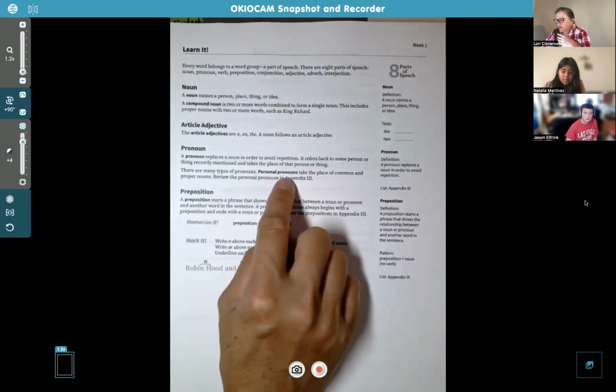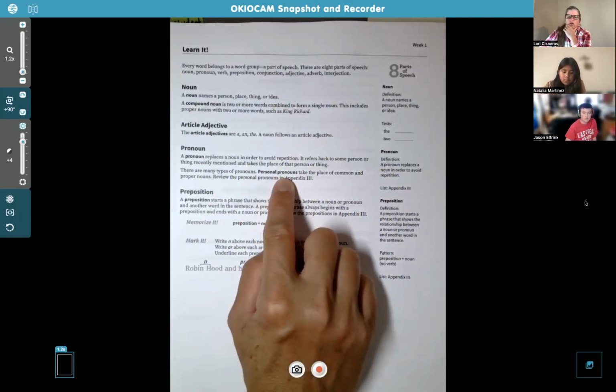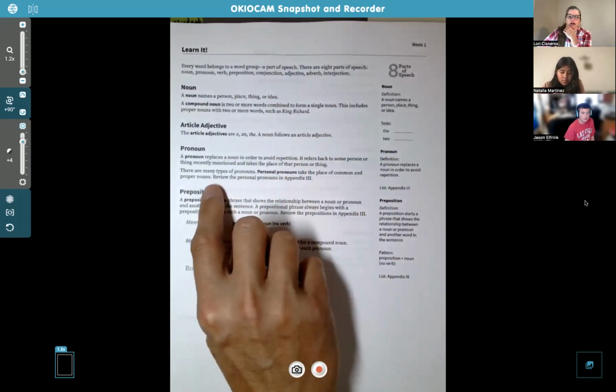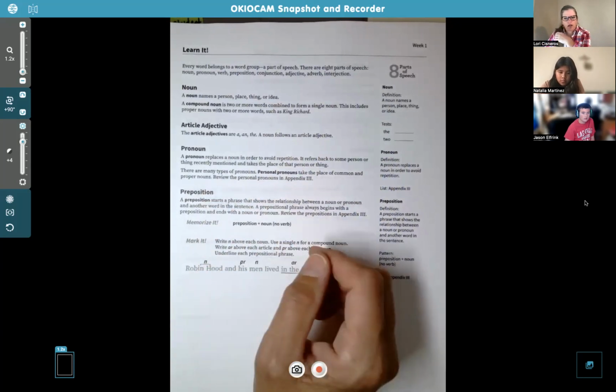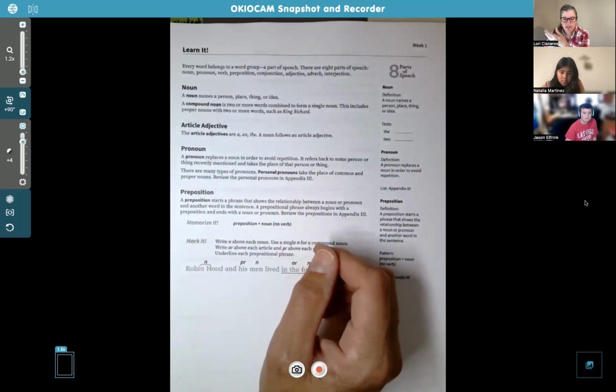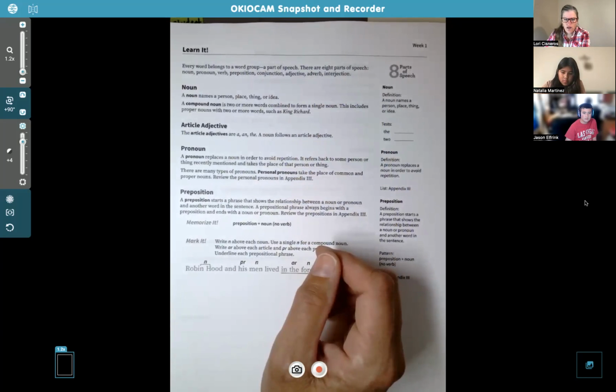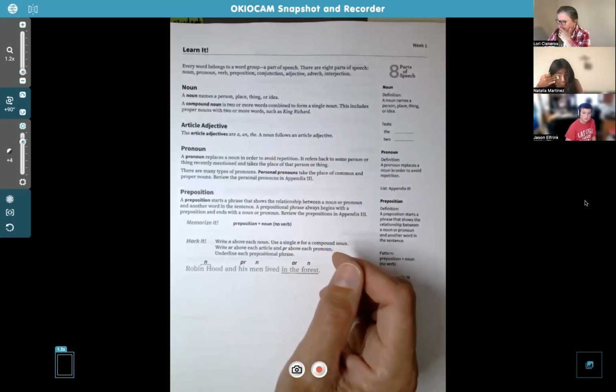And then those are also considered personal pronouns. And they take the place of common and proper nouns. If you have an object, the pronoun is it. So if I'm talking about the computer and I refer back to it later, I use it, because obviously the computer is not male or female. It's an object. It's not alive.